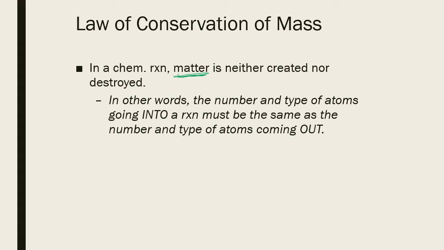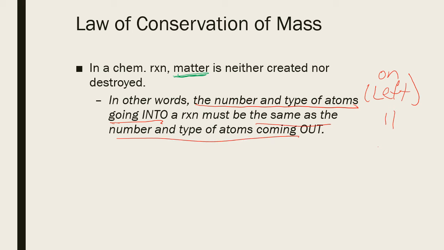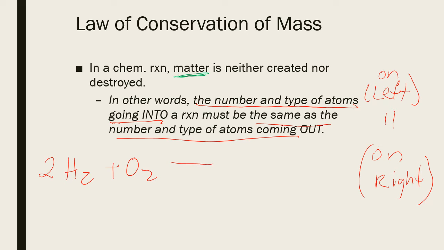So that means the number of atoms that you put into the reaction, which is on the left, is equal to the same number coming out, which is on the right. So this is where we had our 2H2 plus O2 goes to 2H2O.